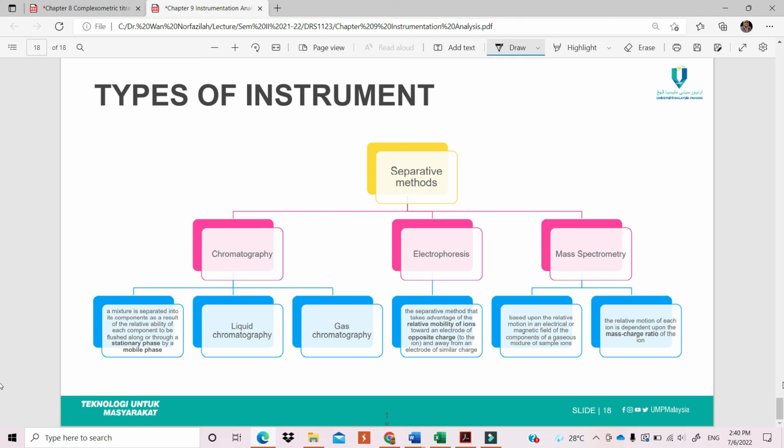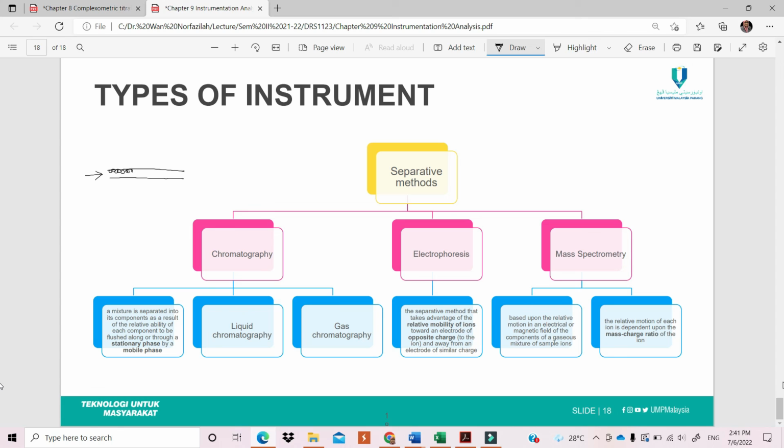Okay, we have chromatography, where a mixture is separated into its components as a result of the relative ability of each component to be flushed along or through a stationary phase by a mobile phase. Okay, in this chromatography instrument, they have a column, where your analyte will go through, and in this column they have a stationary phase, static.